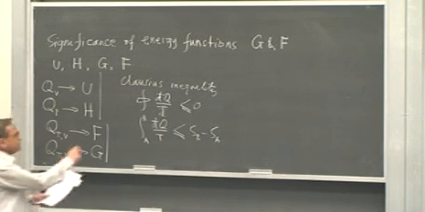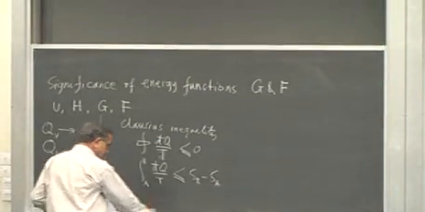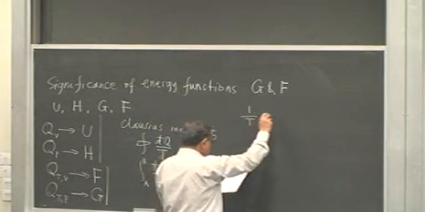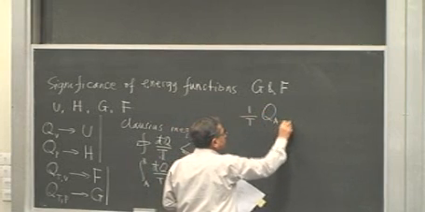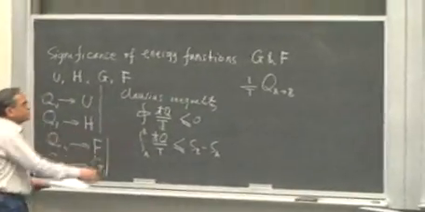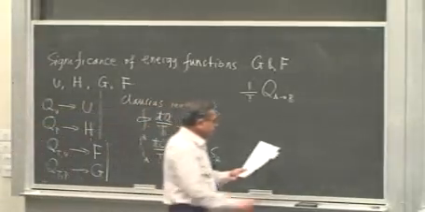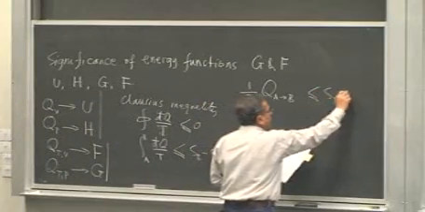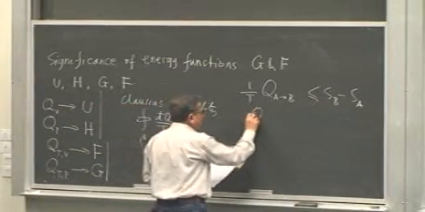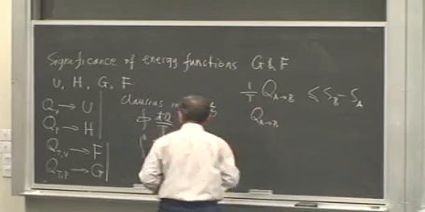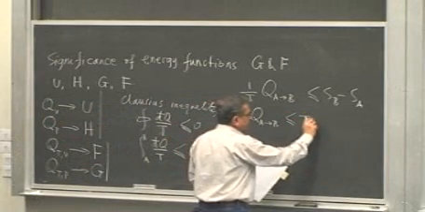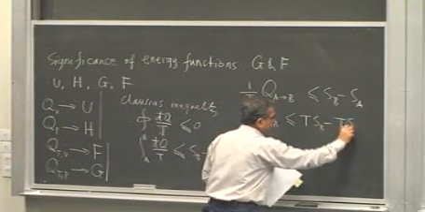Okay, so let's say we do the following. We say that this statement actually amounts to saying that 1 over T times Q that takes us from state A to state B, which is either heat being given or heat being taken, is less than or equal to SB minus SA. Okay, which amounts to actually saying that QAB is less than or equal to T times SB minus T times SA.